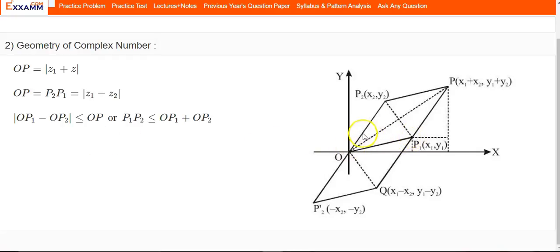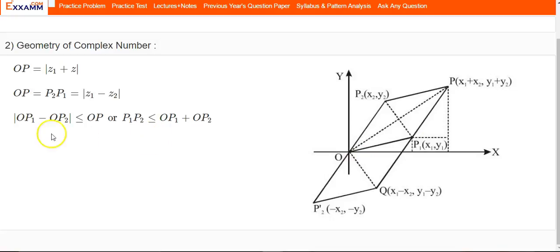And if we look at this particular triangle, P1P2, that is modulus of z1 minus z2, is also greater than or equal to the difference of the two sides, that is OP1 minus OP2.